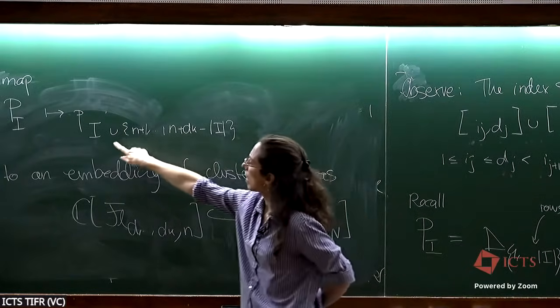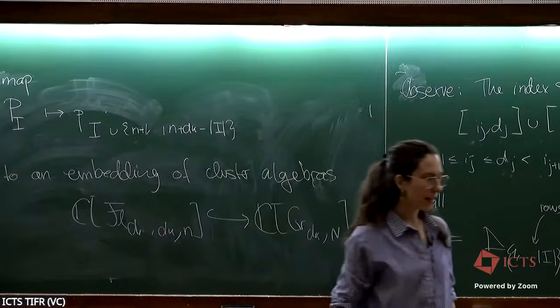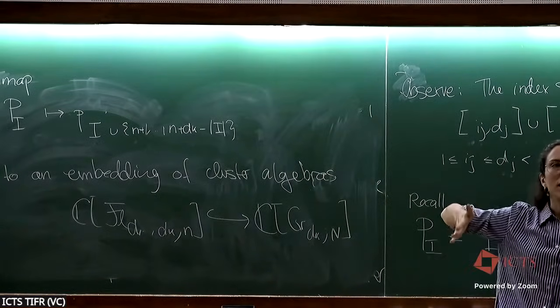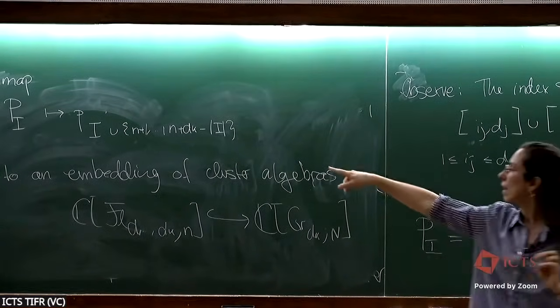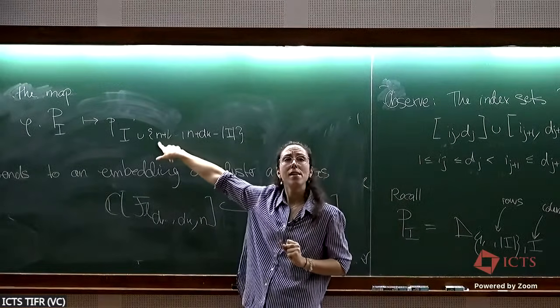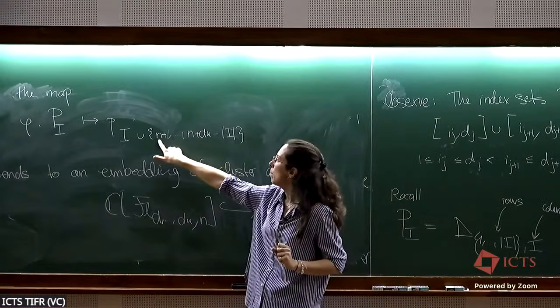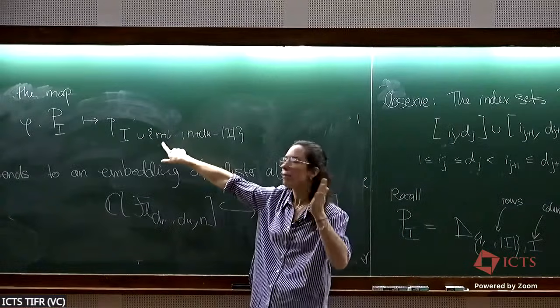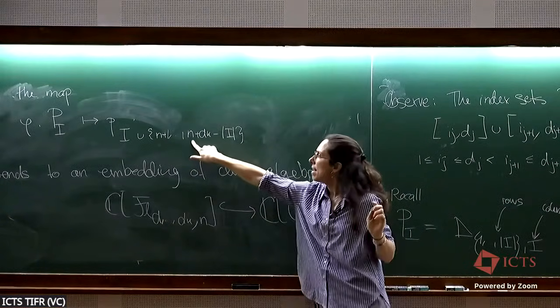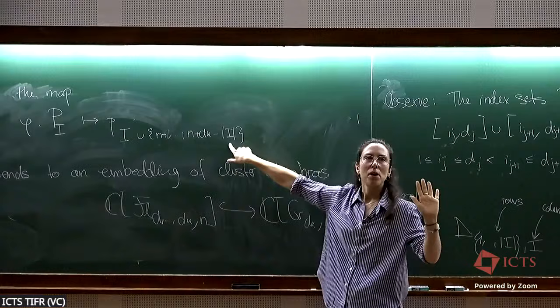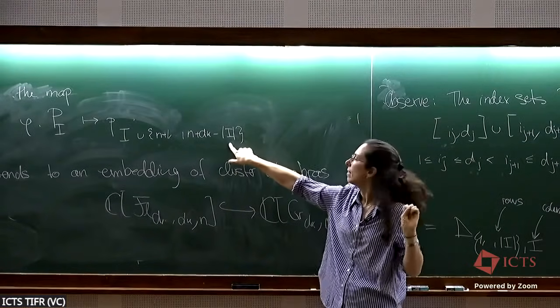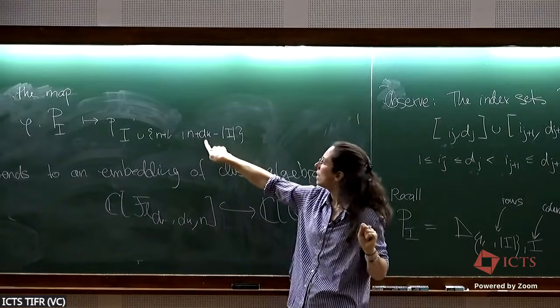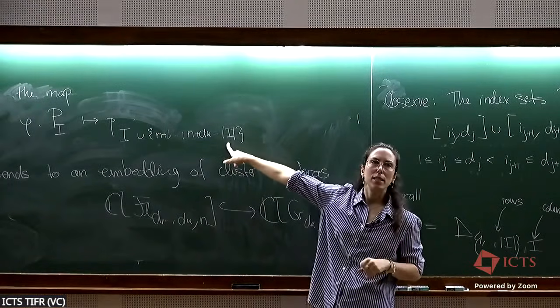So here, this is some index set whose largest entry is at most little n, and I will add an interval starting at n plus 1 and ending at the number of variables I need to add, and this is n plus dk minus the cardinality of I_j.